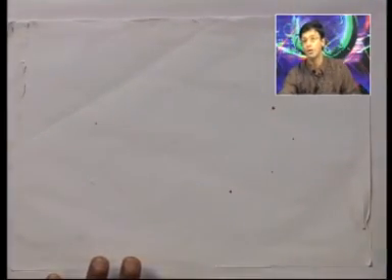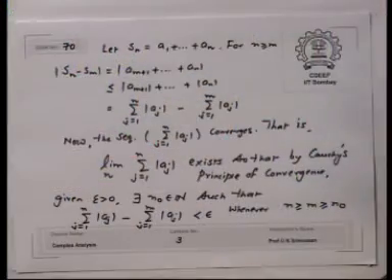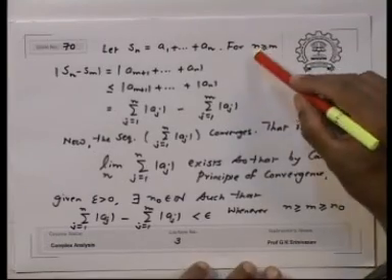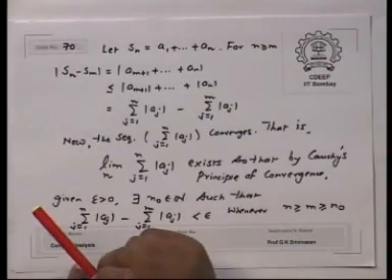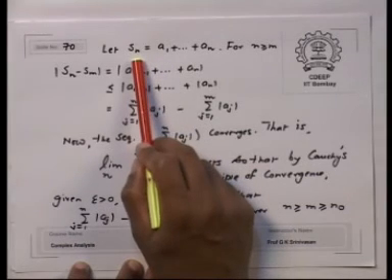All right. So, as I said, we have to use the Cauchy's principle of convergence. So, let us say S n is the sum to n terms, a1 plus a2 plus up to a n, and let us assume that n is bigger than or equal to m. So, let us calculate S n minus S m. We have to show that S n is a Cauchy sequence.